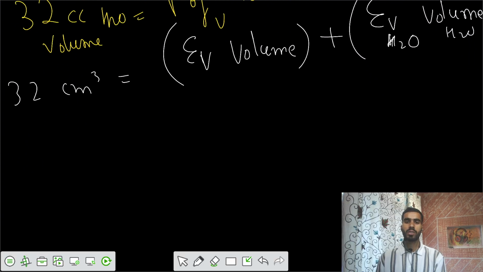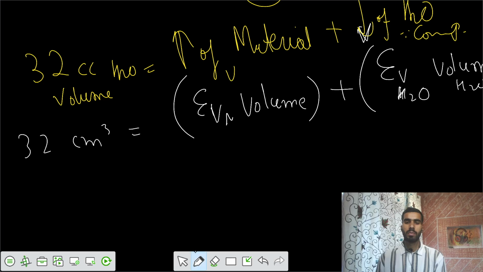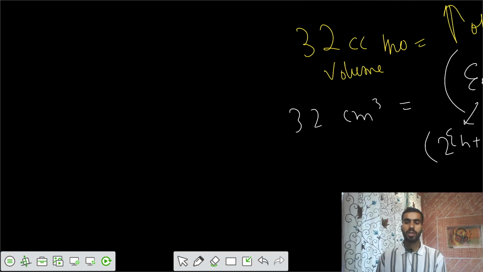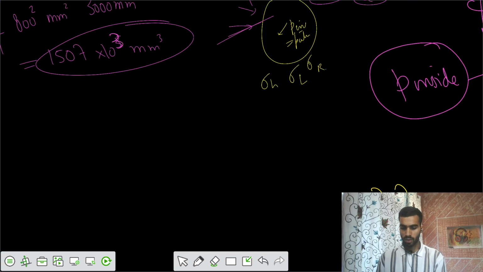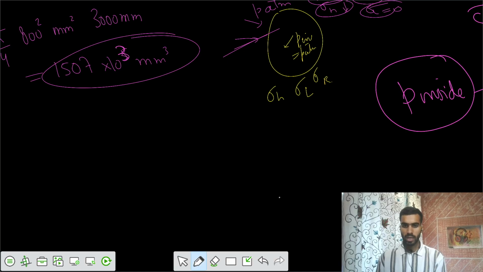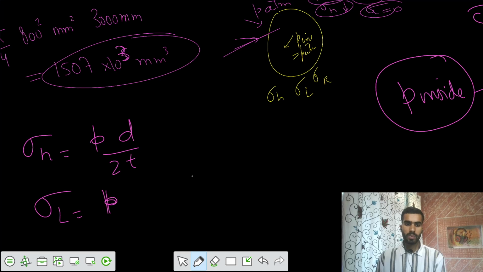And for the volumetric strain of the material, we can have the hoop strain and longitudinal strain. So we need to calculate those strains, and for that we need to calculate stresses. So there would be development of some hoop stress, that is extra pressure times d by 2t, and some longitudinal stress, that is Pd by 4t.